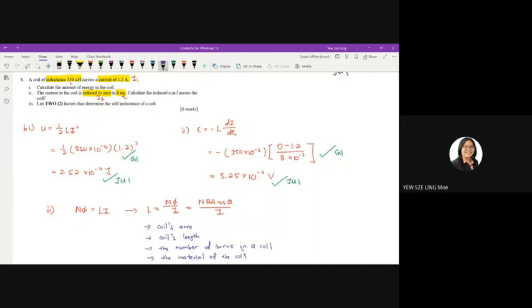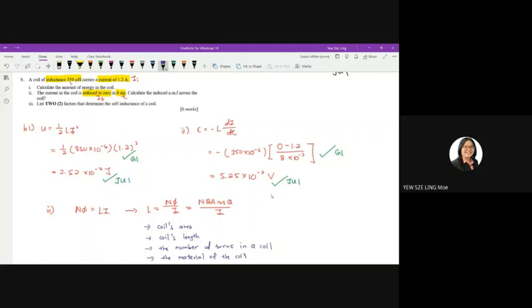So you don't tell the examiner what happens if you change the I. You don't tell the examiner, oh, you can change the resistance, the inductance, and so on by changing the V, by changing the I. No. All those won't affect the value of the inductance. The only thing is the physical structure, remember.